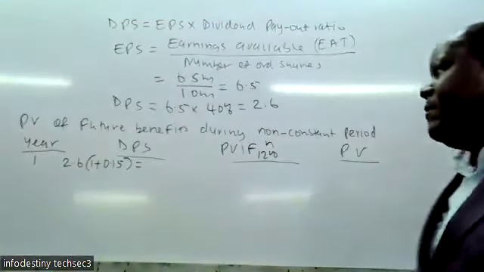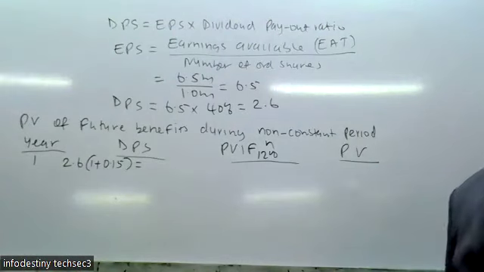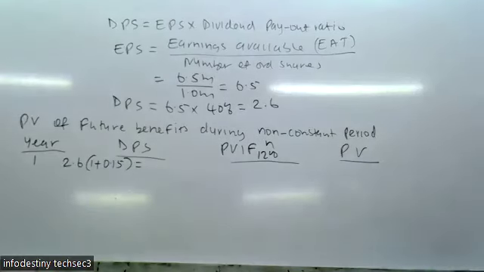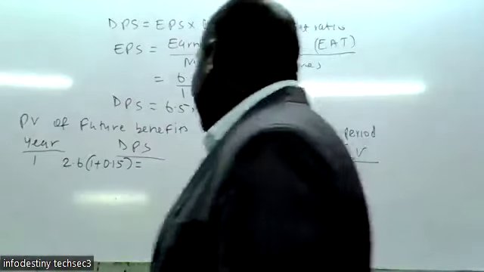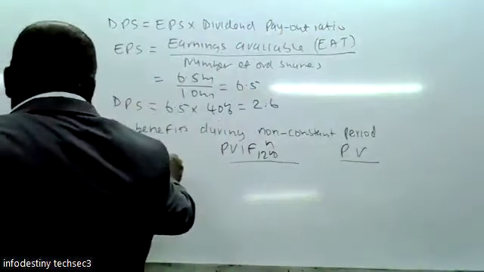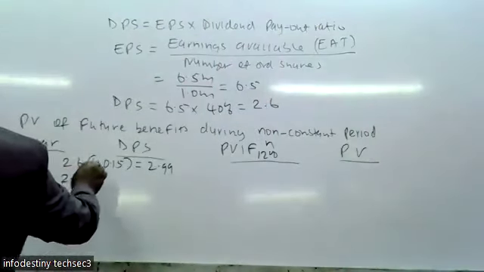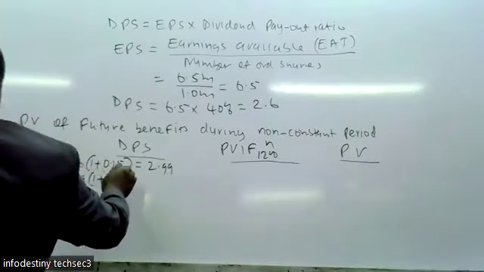So get that dividend per share for year one. When we increase it by 15%, how much will it be? 2.99. So then you also go to year two. So 2.99 plus 15%.